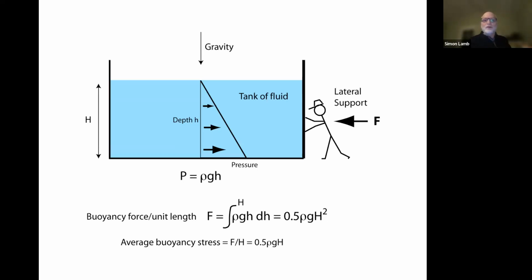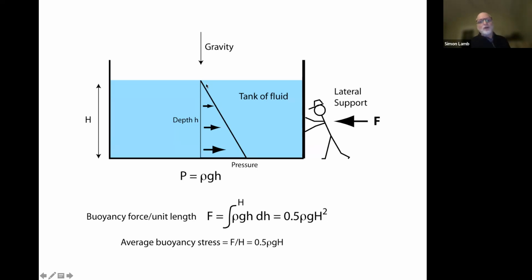The effect of gravity is causing a horizontal pressure in that fluid, and that's got to be supported by the edge of the tank. So that's the situation that we have in the Andes. The weight of the high Andes has got to be supported by some push that comes from the megathrust.